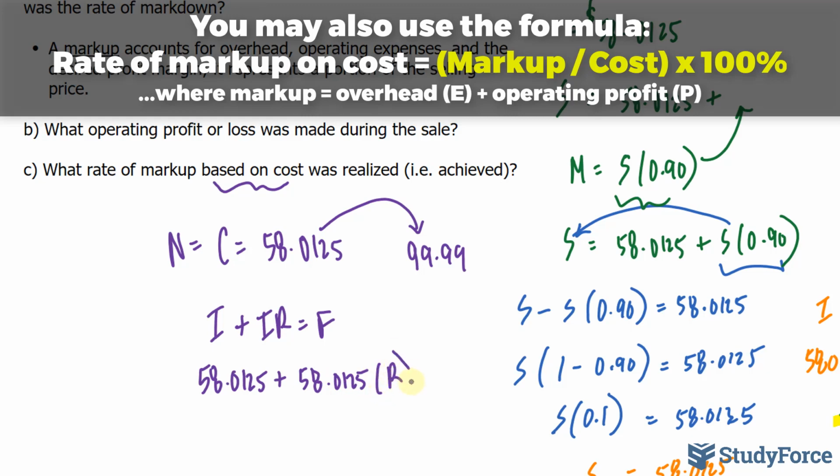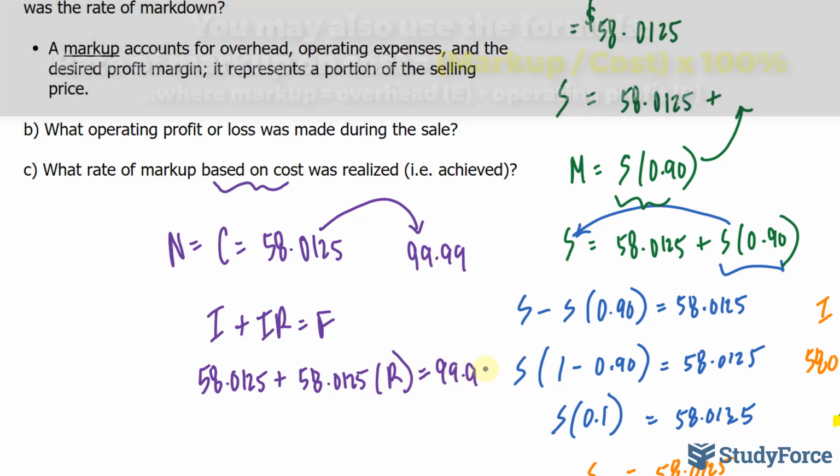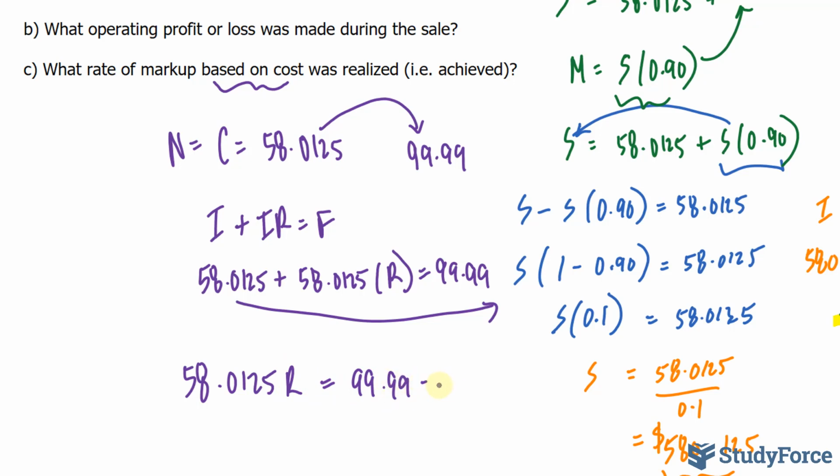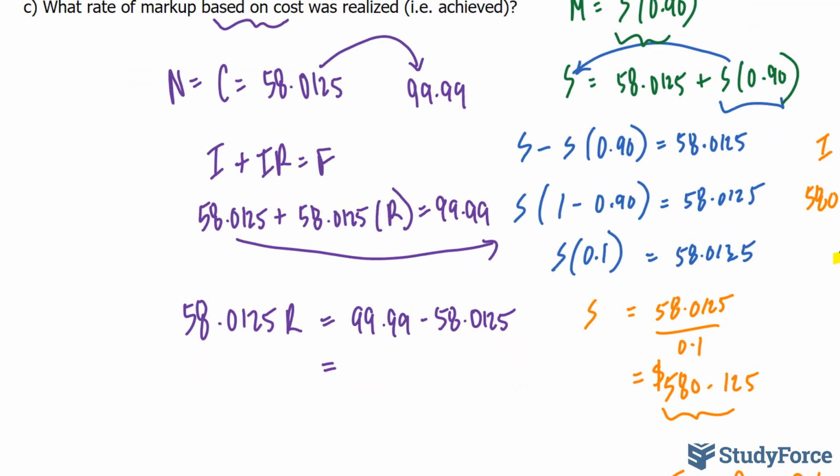The rate is what we're looking for, and the final price is $99.99. We can solve for R by moving that constant over to this side. And we've seen a calculation like this earlier in this video. So it's the same sort of algebra as before. When we subtract these, we end up with our markup.